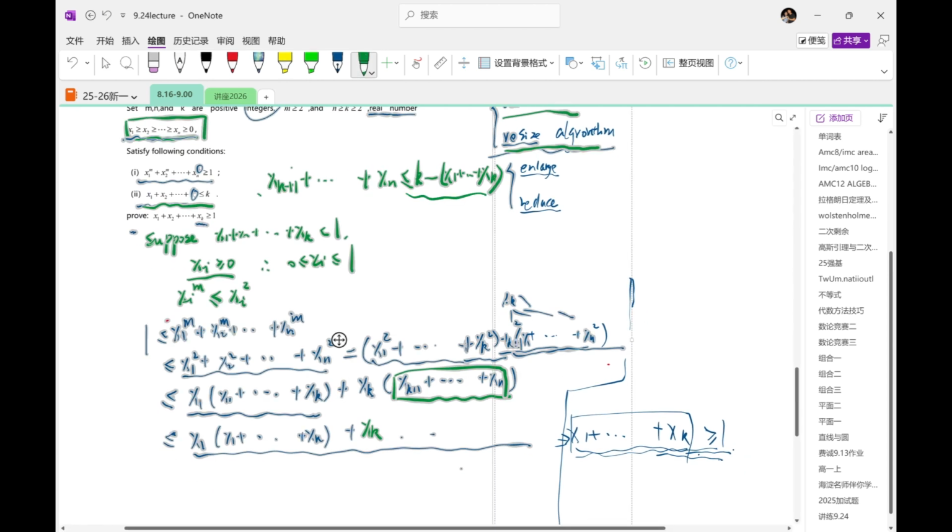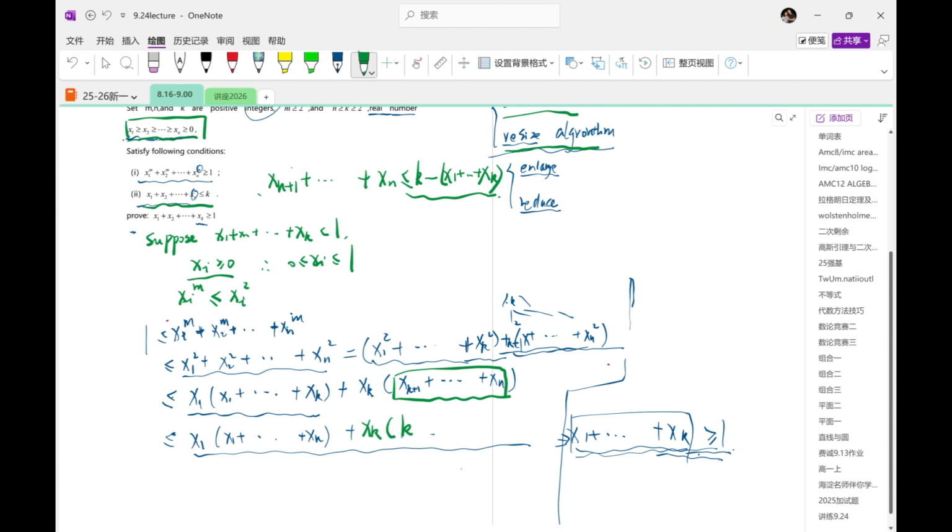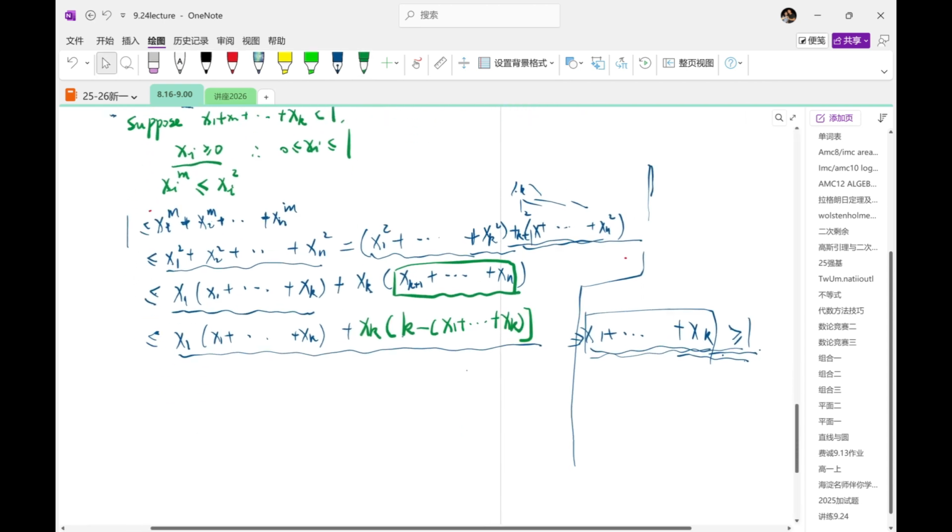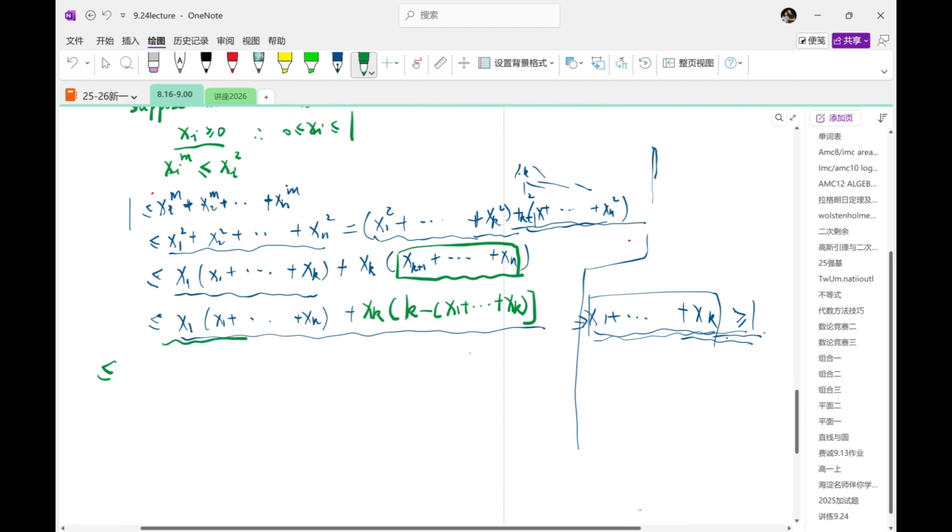So we substitute it here and enlarge this part. We still remain this form in front of the equation.